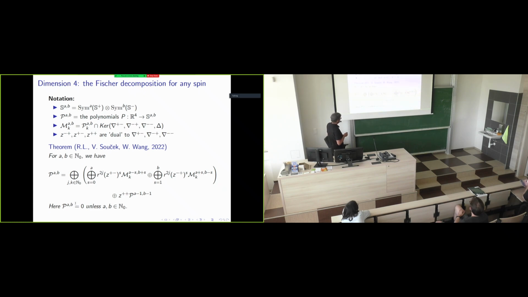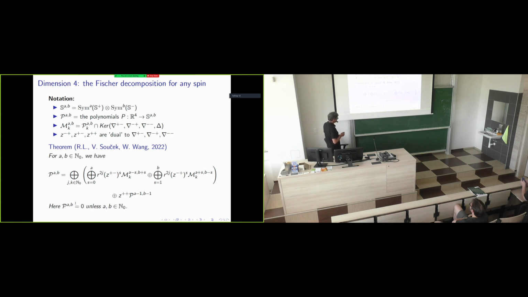and it contains pieces of the following form. Namely, we have the space of homogeneous solutions with a fixed degree of homogeneity and with fixed type, multiplied with some power of R2, and also with some power of Z plus minus or Z minus plus.